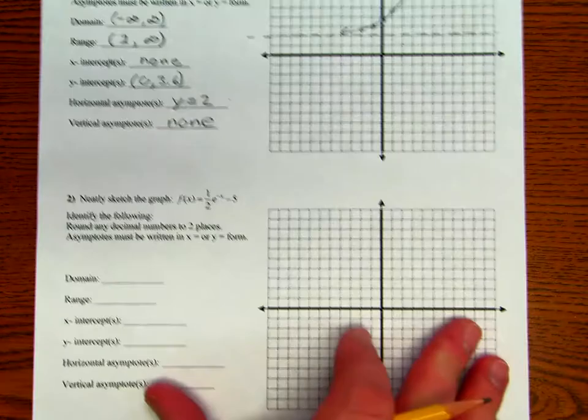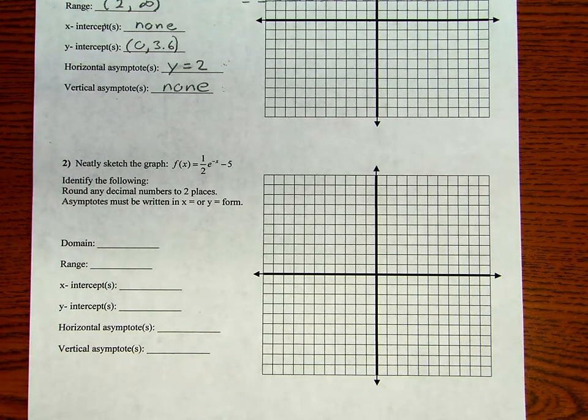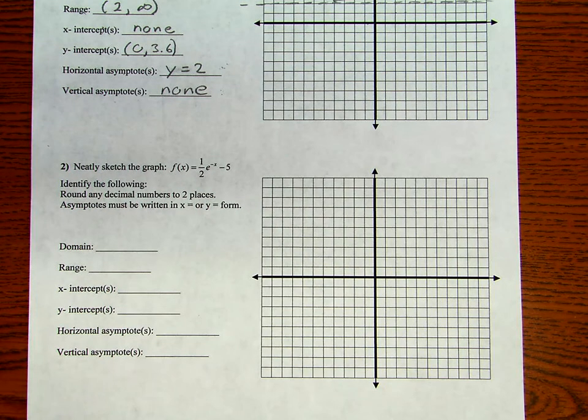All right, next example. Our function here is f of x equals 1/2 e to the negative x, minus 5. What I want to do is the same thing I did to start off the last one. I want a rough idea of what I'm expecting here.